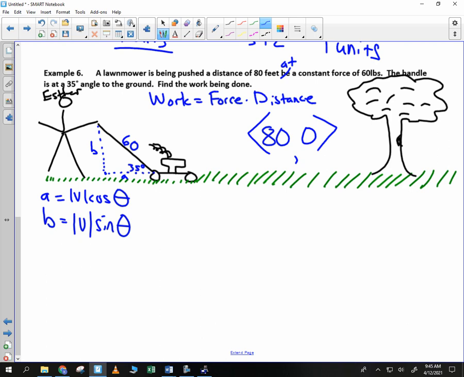So we have A is equal to 60 times the cosine of 35 degrees. And B is equal to 60 times the sine of 35 degrees. And that will give us our force vector.